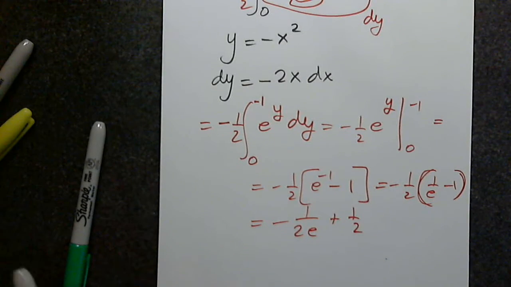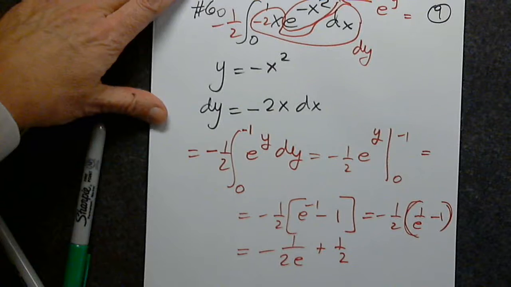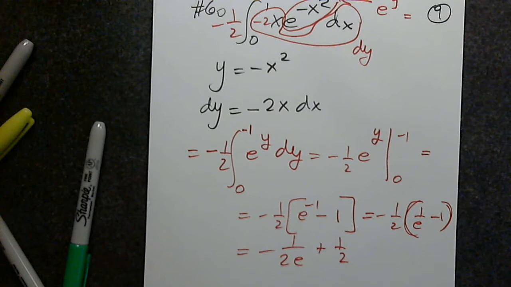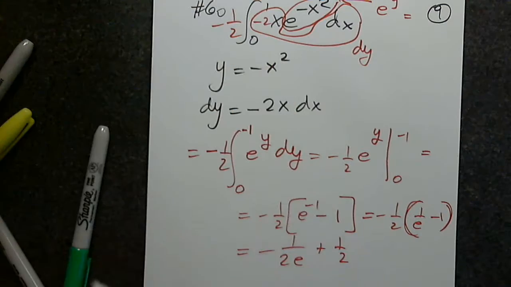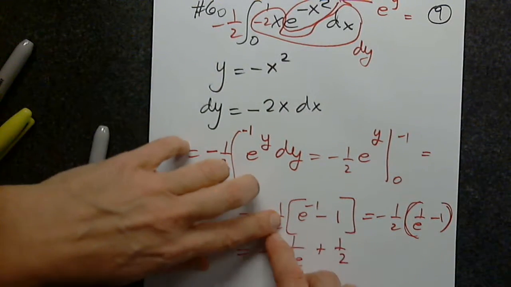Why are you plugging in negative 1 and not 0? So I found the antiderivative. Fundamental theorem of calculus part 2 says, in the antiderivative, plug in the upper limit first and subtract when you plug in the lower limit. So negative 1/2 stays outside.